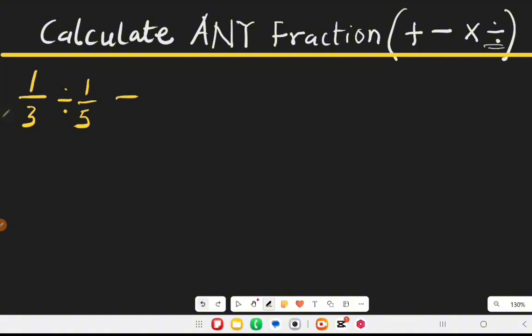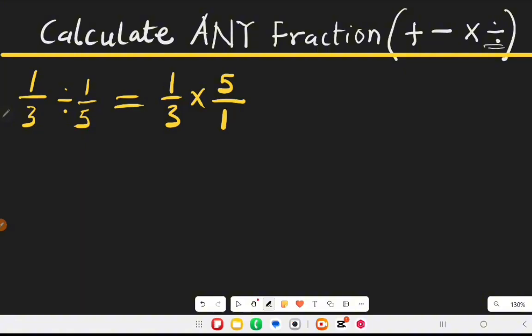Then we are going to have 1 over 3 times, as we times, we have to flip the next fraction, or we take the reciprocal, or we take the inverse. Whatever language you use is the same. The reciprocal is when the denominator becomes the numerator, and the numerator becomes the denominator.